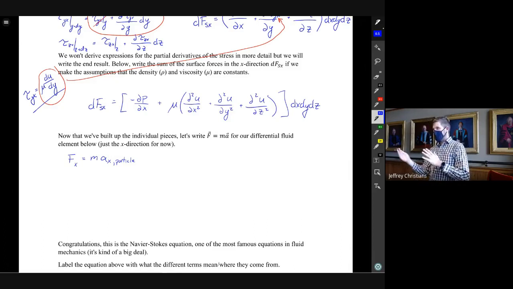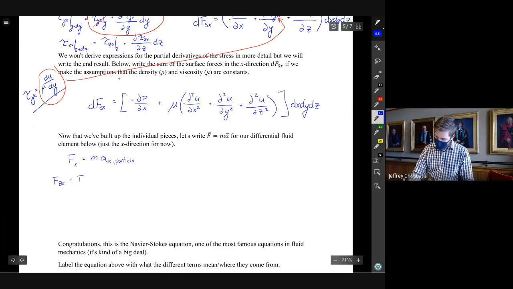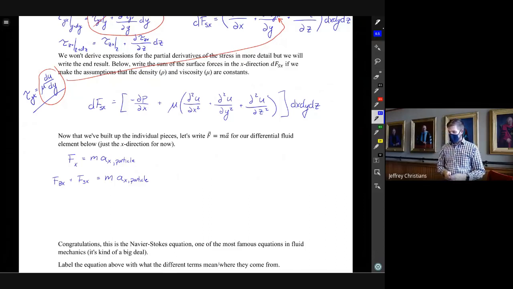So we can have two different forces in the x direction. That's F bx plus F sx equals mass times, again, the acceleration of our particle.